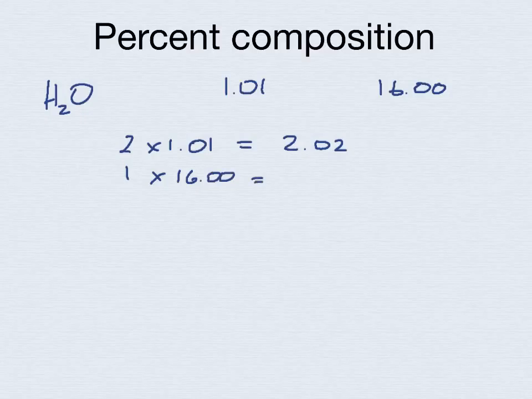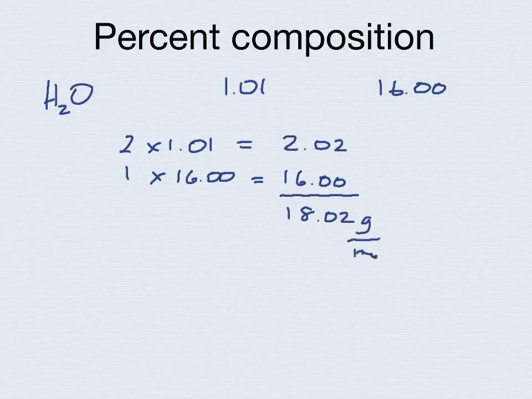When you add those together, the combined mass of all the atoms in the molecule is 18.02. There's 18.02 grams, basically, if you had a whole mole, or 18.02 AMUs, if you want to think of it as, for one molecule.